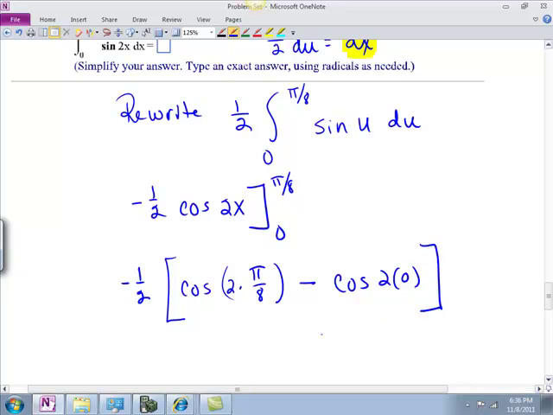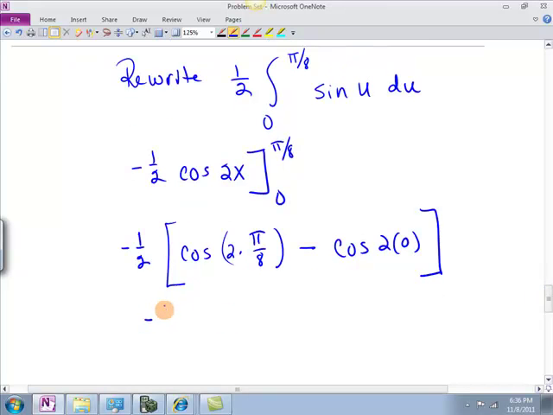So what's 2 times pi over 8? Pi over 4. So it's the square root of 2 over 2, right? So I've got negative 1/2 times square root of 2 over 2. What's the cosine of 0? 1.